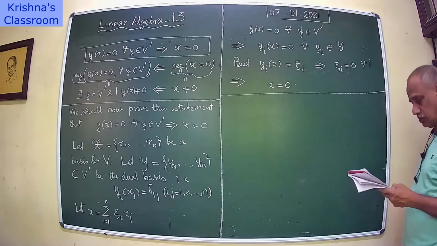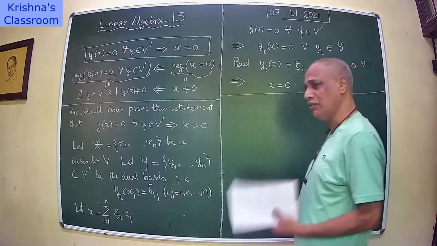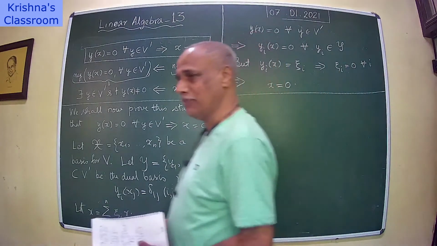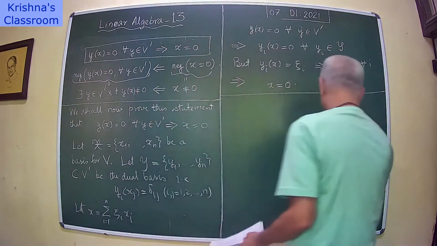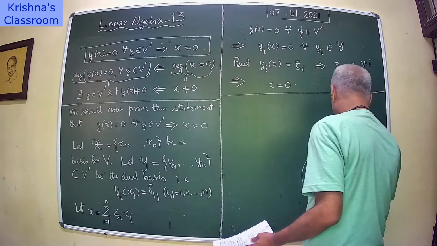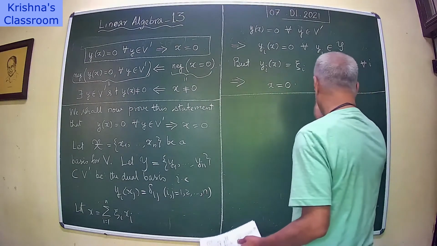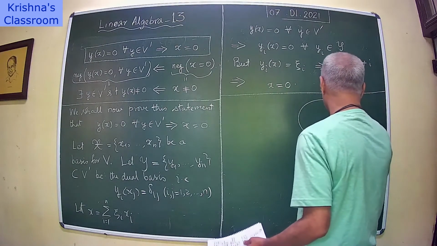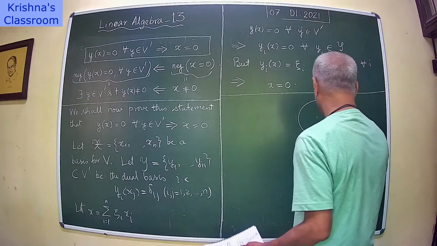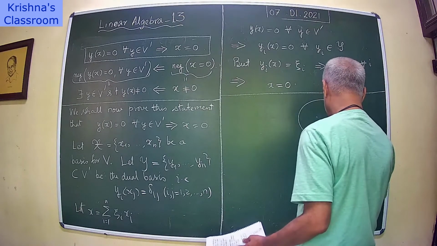So this is the proof of the result. Now the central thing that we have proved is that you have B here, you have B prime there, and now if you take a y, you take an x here.